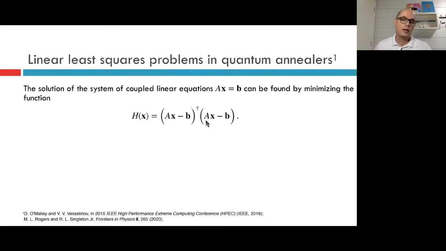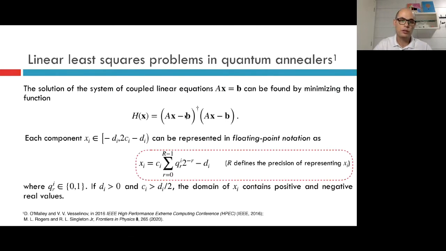But I mentioned before that we use the Ising Hamiltonian to solve problems. And the question is, how can I map this Hamiltonian to the Ising problem? The strategy is the following. Each component x_i of the vector x will be represented using floating point notation in this way.